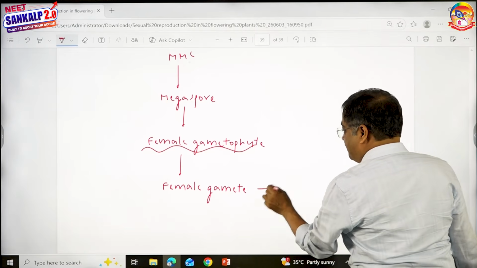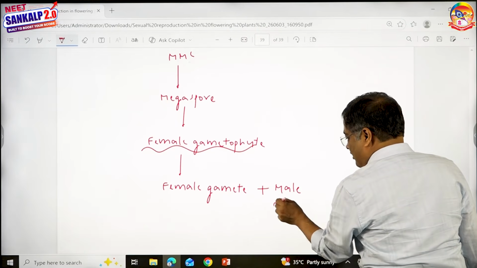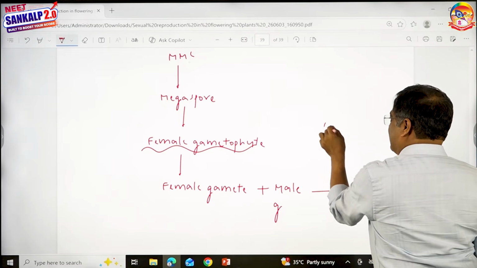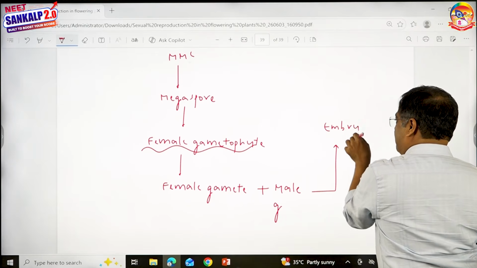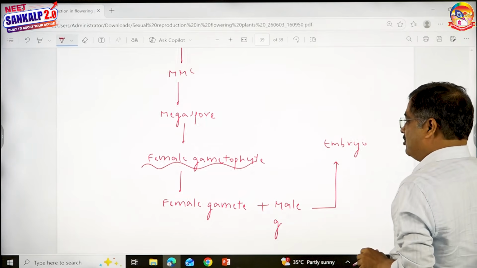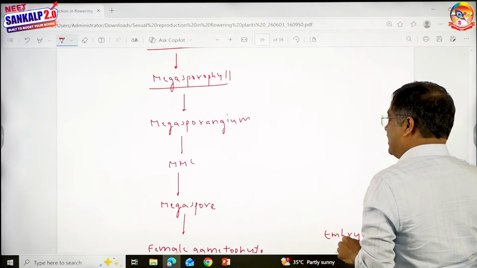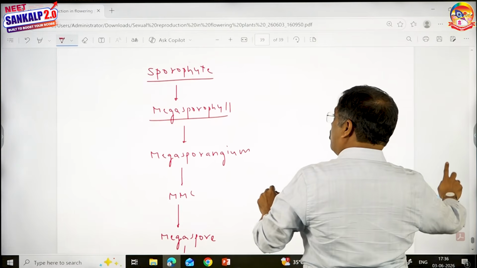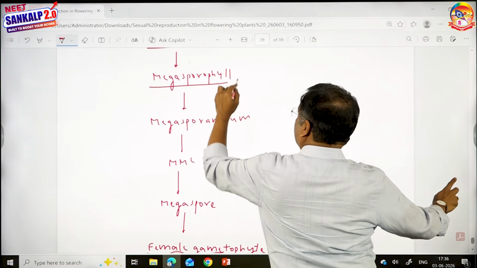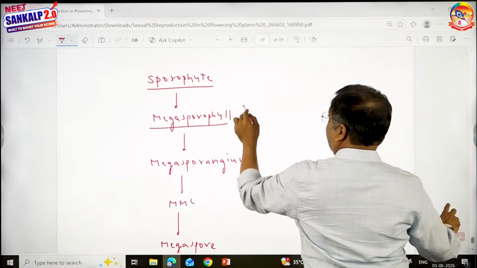This is going to fuse with male gamete to form a diploid zygote, and zygote develops into embryo. All of you know that. And this embryo will develop into root, stem, leaf and flower. That is said to be sporophyte.